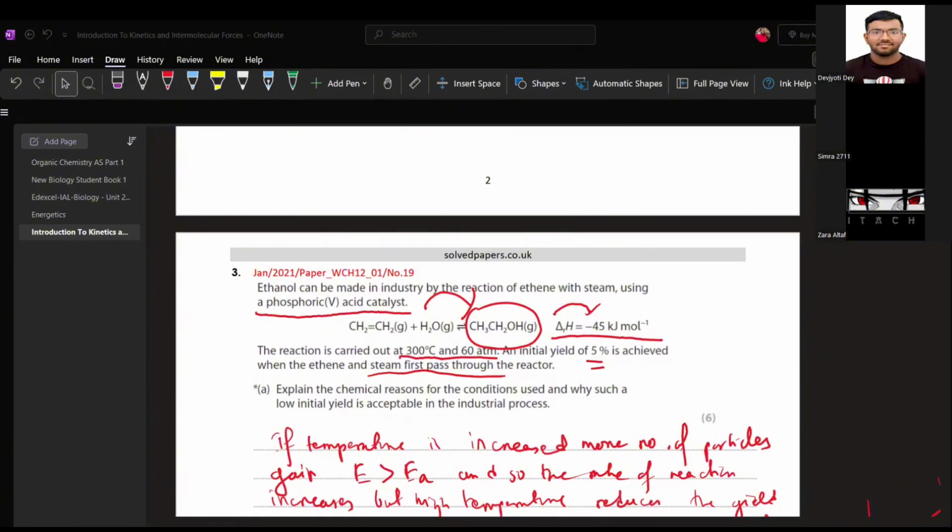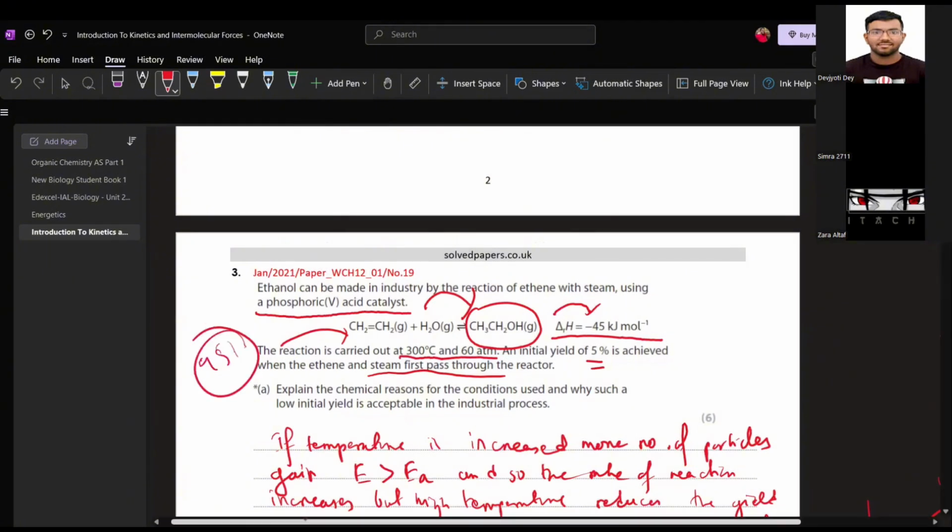Not all of them are reacting to produce ethanol, right? For example, what about the other 95%? Can't we use them again for recycling? I mean, we can react them together again to produce ethanol, isn't it?